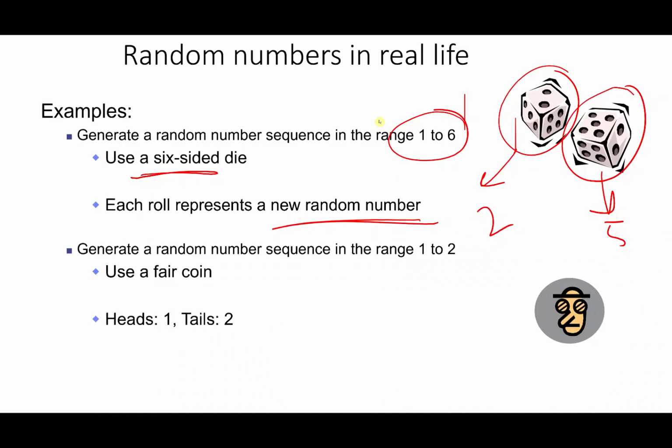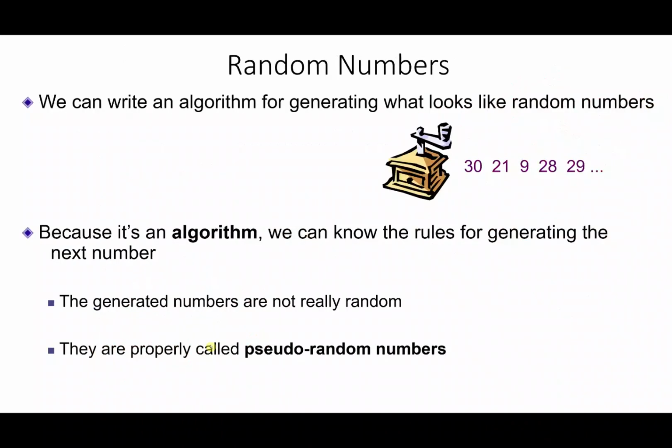Or if you are throwing a fair coin, heads 1, tails 2, the percentage of you getting heads is 50%, and you get the same percentage of tails. So you have to be able to do that in programming, because we need, as I said, random numbers for many of the systems, whether it's a game or a simulation or any other system that you're working on.